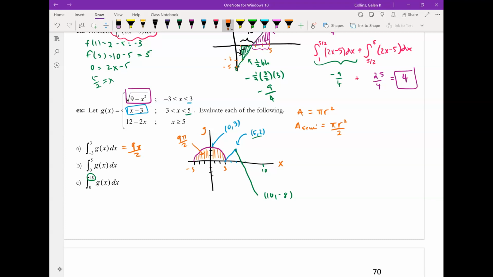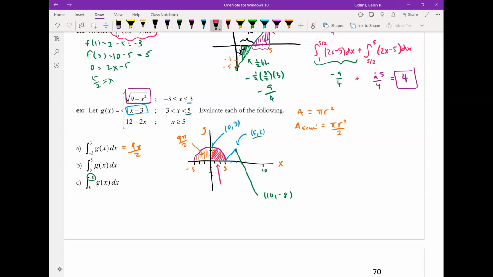All right, in part B, we're starting at x equals 0 and moving over to 5. So in part B, we said that the orange shaded part of our semicircle is 9 pi over 2, but since we're starting at 0, we're going to need to know how much is in this quarter circle.